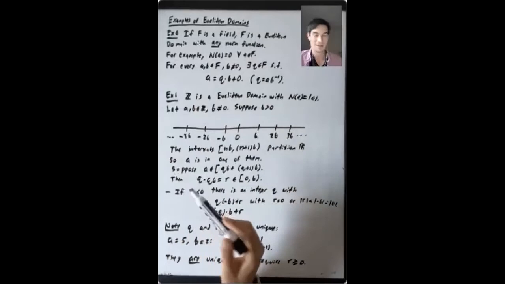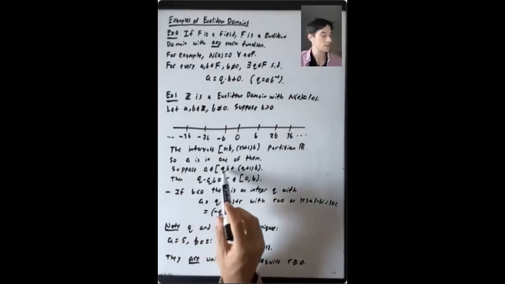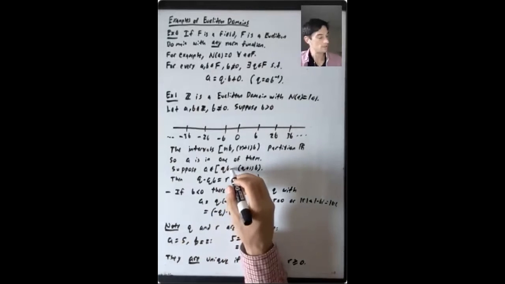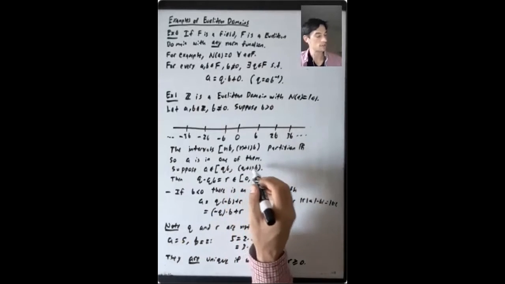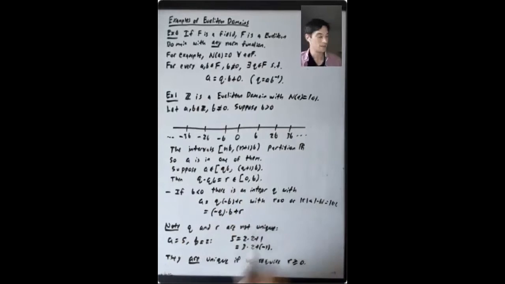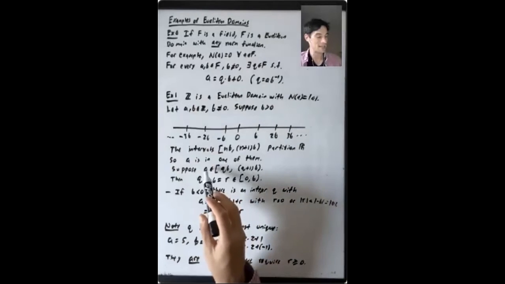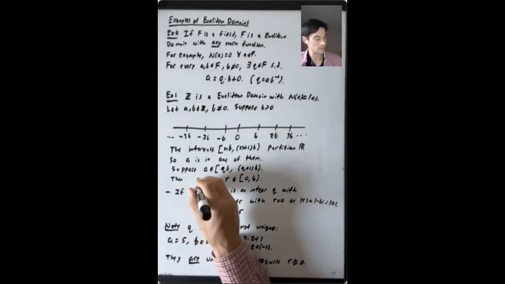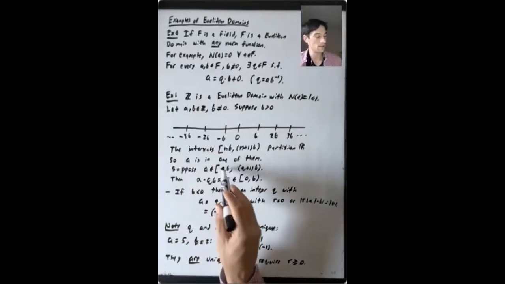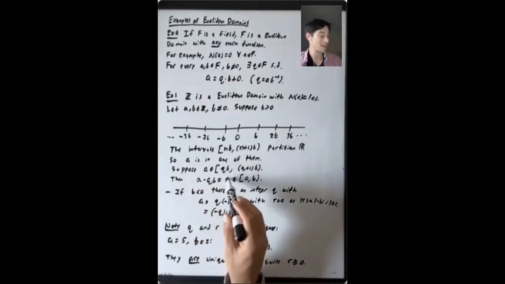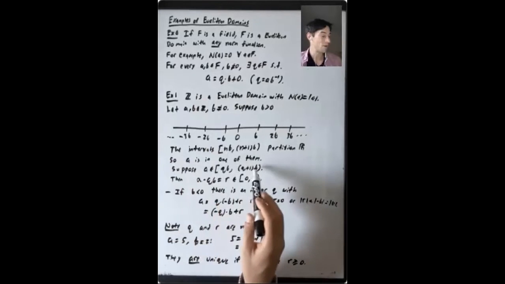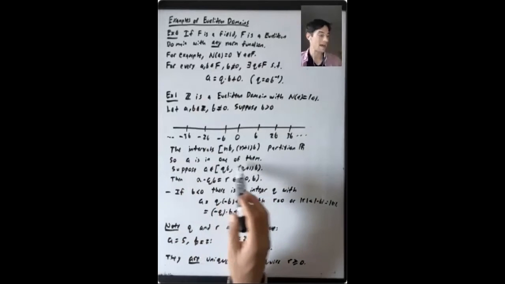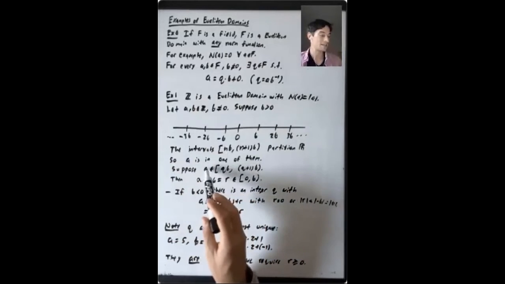That means that, let's say, A is in the interval from Q times B to Q plus 1 times B. So now what happens if we take A minus Q times B? Well, that's equal to something in the interval from 0 to B. Why is that? Well, A is somewhere in here.